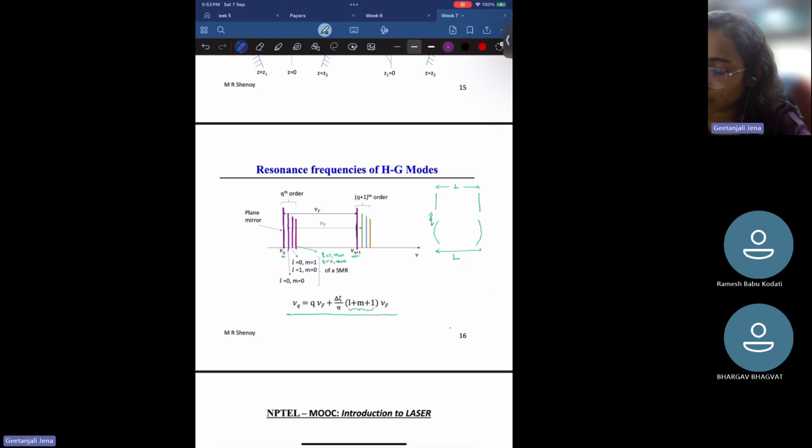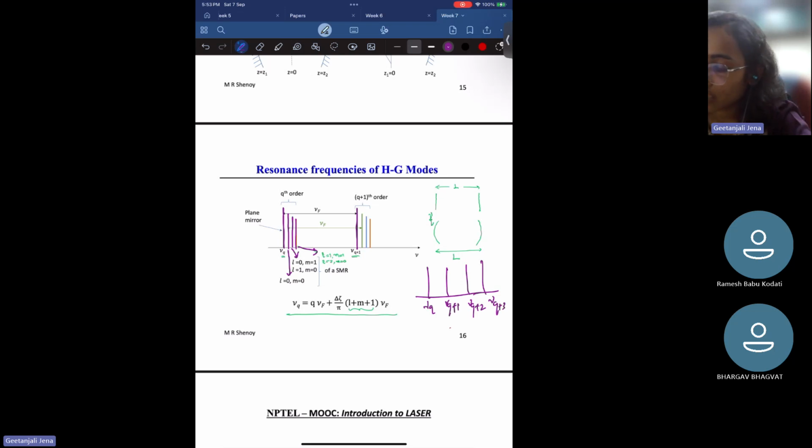The first line will be for l equal to 0, m equal to 0. The next line will be for l equal to 0, m equal to 1, or l equal to 1, m equal to 0. The next line will be l equal to 1, m equal to 1, and other terms. In a plane mirror, we have only these frequencies ν_(q+1), ν_(q+2), ν_(q+3).